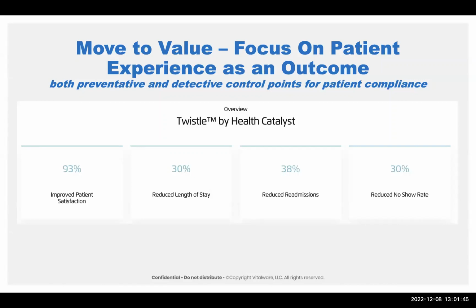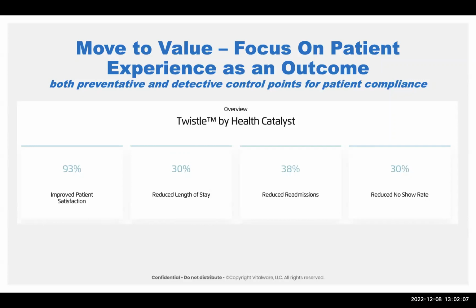So a no-show rate of 30% means that 3 out of every 10 patients were not showing up for their care. That meant reimbursement: you had them on the schedule, you planned for that reimbursement, and you're losing your margin.